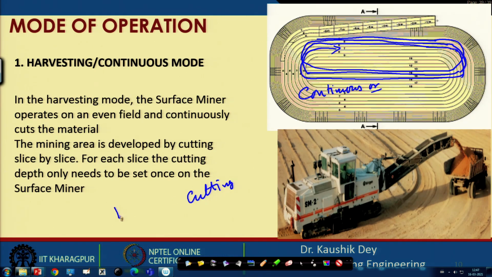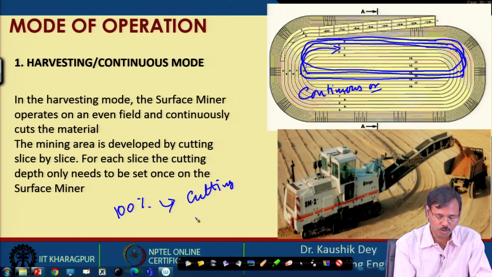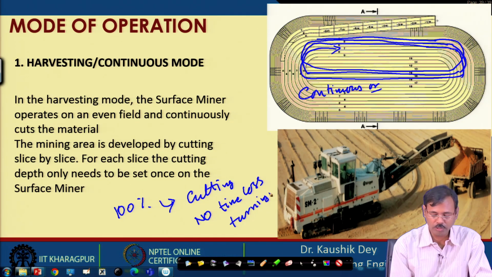So, 100% of the available time is utilized for cutting only, and there is no time loss for turning the machine.